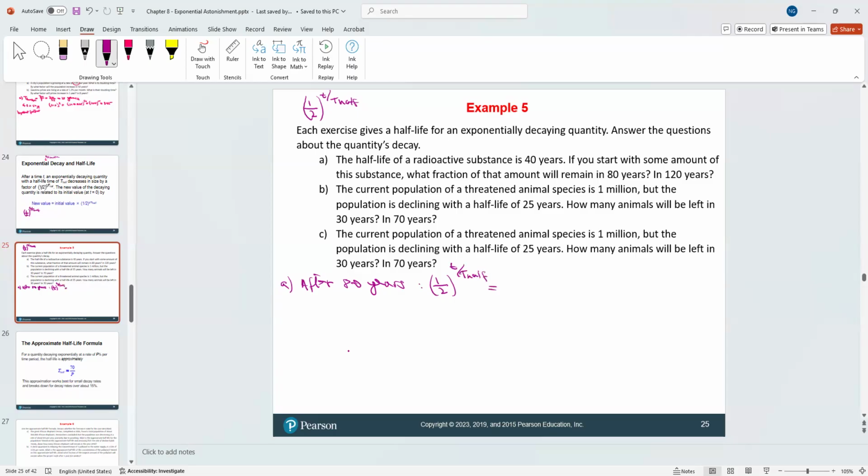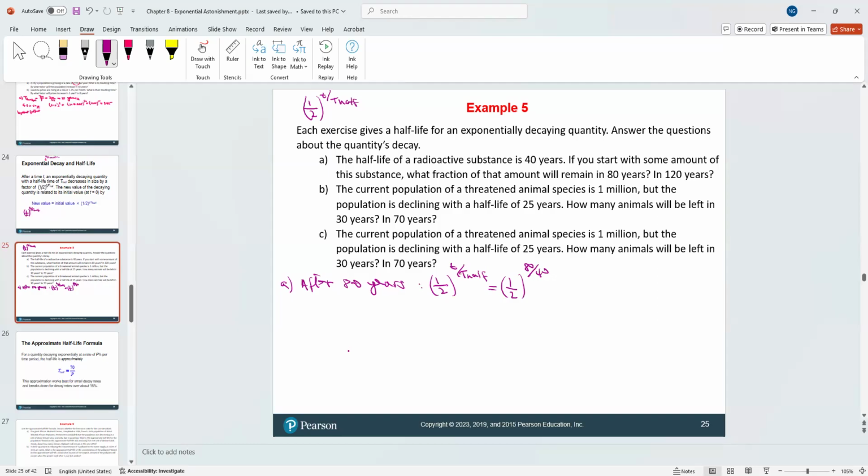Now, what we're going to do in these examples is 1/2 power, and the t we got is 80. It must be 80 because the half-life is 40.